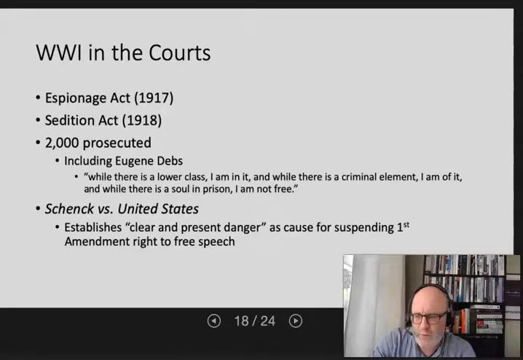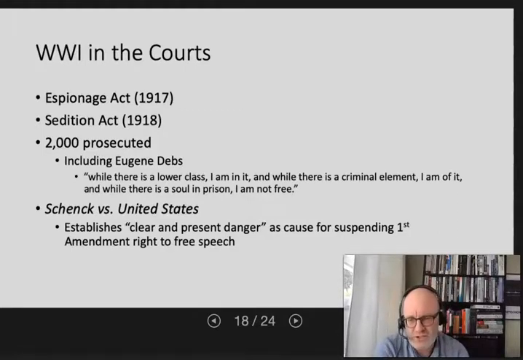Eugene Debs, who was involved in the Pullman strikes of the late 19th century, goes to jail for sedition because he's a socialist and he wants the United States to not be involved in World War I. The Schenck versus United States Supreme Court decision of this time period is precedent setting when it comes to curtailing First Amendment rights.